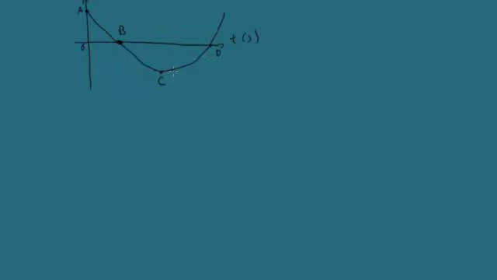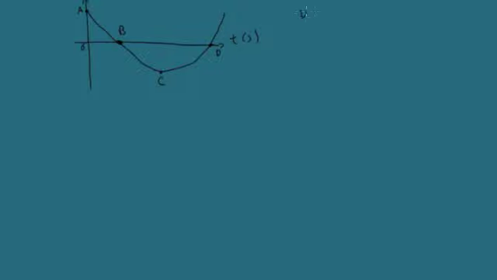This means the particle is continuing to travel in the negative direction towards the start point, but it is slowing down. When the graph crosses the horizontal axis at point D again, the particle is once more momentarily at rest before it changes direction. The velocity continues to increase, but is now in the positive direction.